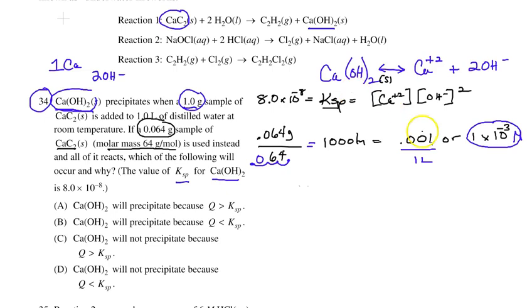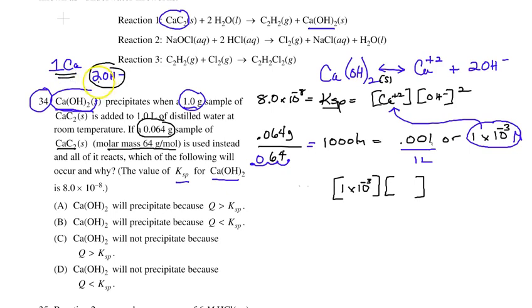So now, party people, I know the concentration of my calcium. So I'm going to rewrite that over here, and I know that it's 1 times 10 to the negative 3. Okay, so what must be the concentration of my hydroxide that this reacts with the water? Well, it's got to be stoichiometrically twice that, right? Here I have to use my stoichiometry.